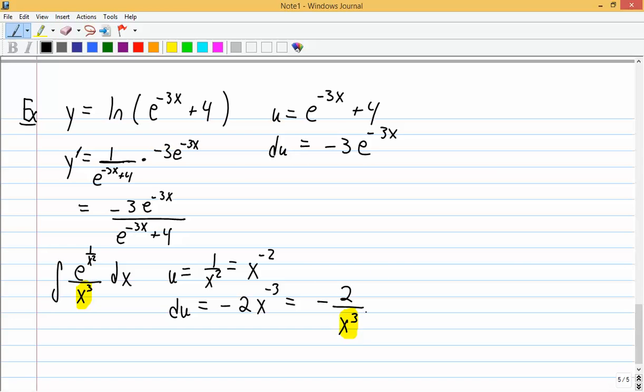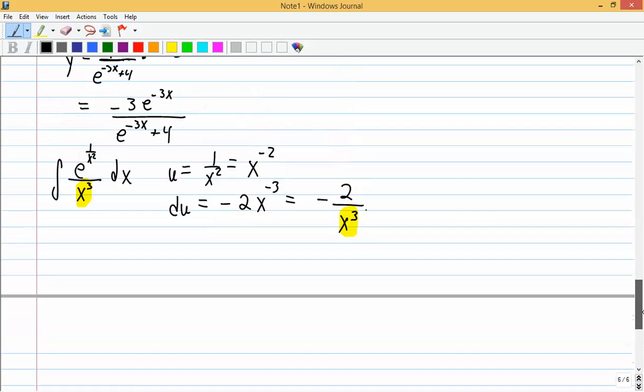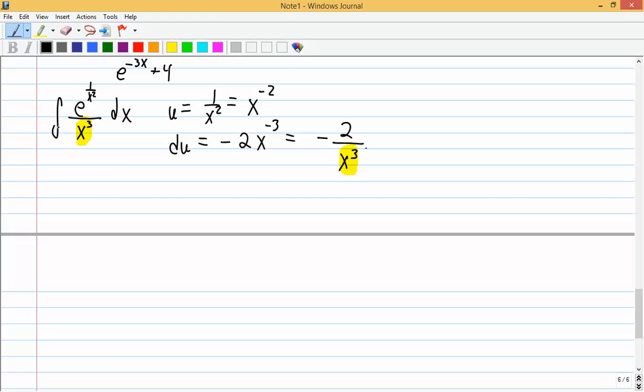So when I rewrite this integral, I have to bring out a negative 1/2. And then I have e to the u du, right?